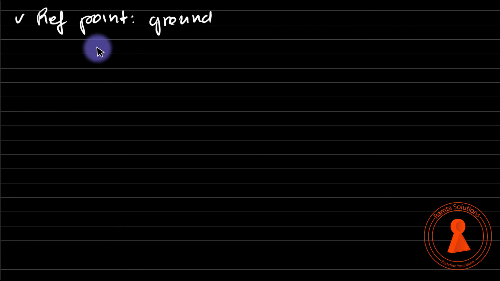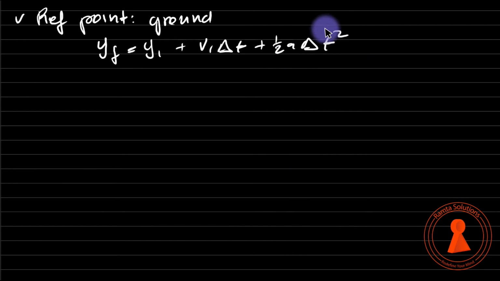Remember what I had said. Here you will say yf must be yi plus vi delta t plus half a delta t. So this means our graph will have a y-intercept which is not at 0.